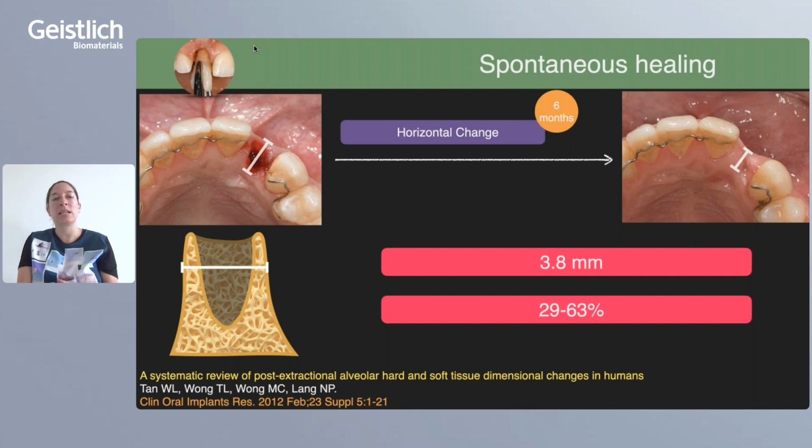You see the clinical picture on the left side just after tooth extraction, and then again after 6 months, which is kind of half time for this study, on the right. And they have seen a mean change in horizontal ridge width of up to 3.8 millimeters. In percent, between 30 and 60% of the whole ridge width was lost over 12 months.